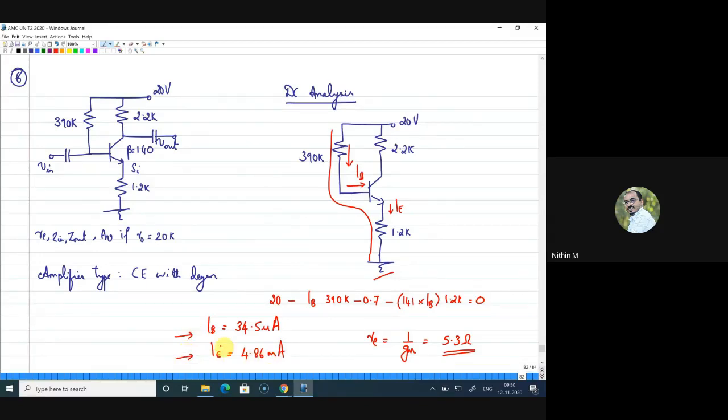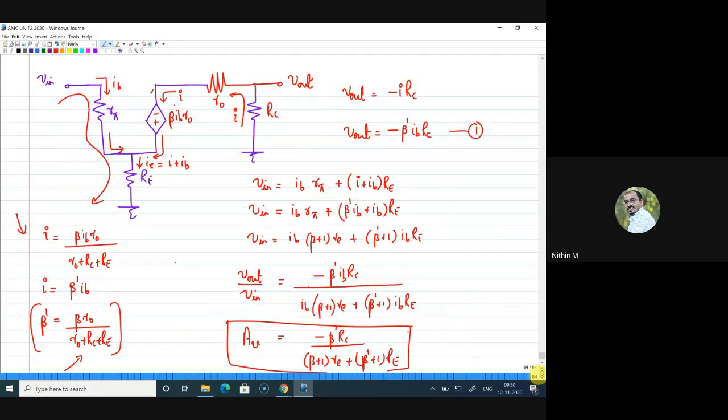So this is IE current and this is IB current. So 4.86 milli and this is 34.5 micro. Since that is not making much difference, I'll be keeping this formula as it is. But if you want, we can actually check with the value substituted to see what effect there is in the final gain expression. We can check that.